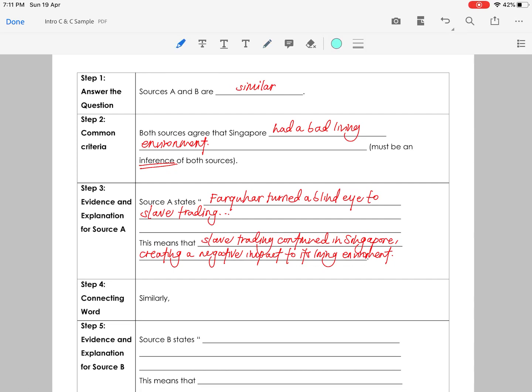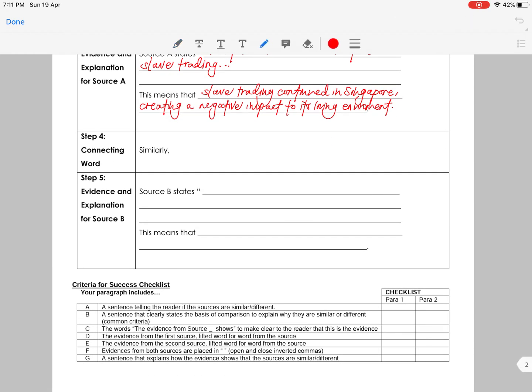So similarly, finish up the evidence as usual.